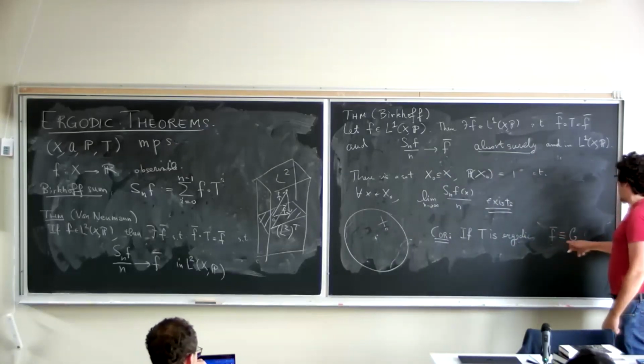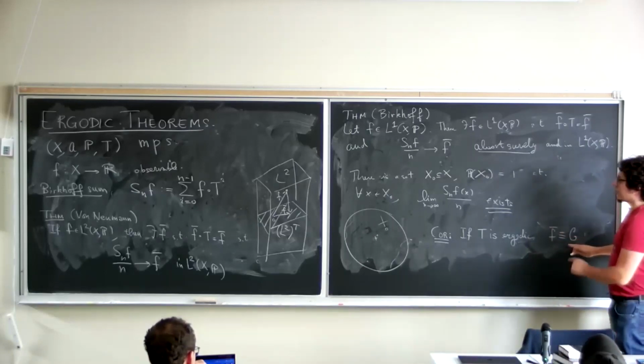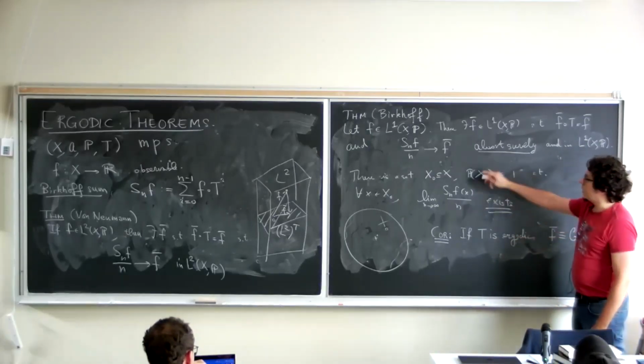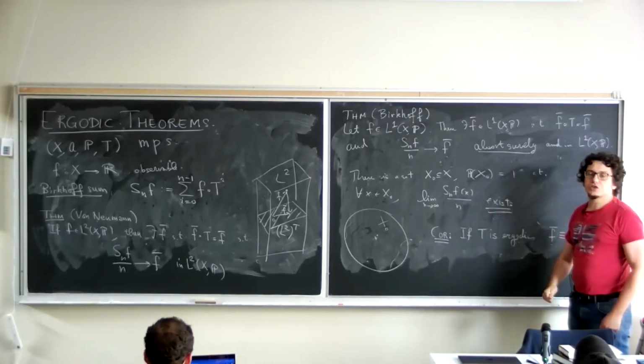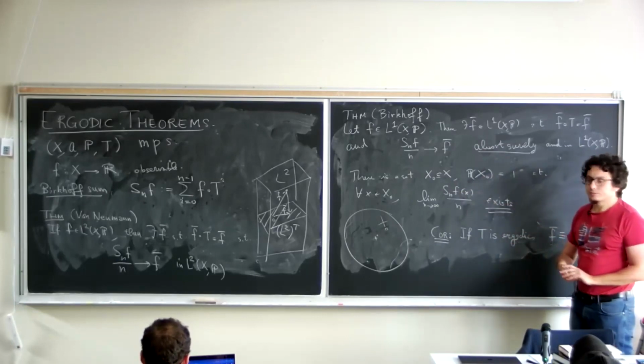And so, almost surely. What this means is that, as a corollary, if the system is ergodic, you do this averaging procedure, and the result of the averaging procedure does not depend on the starting point.